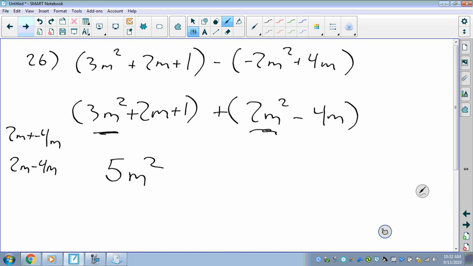If I take away 1, 2, 3, 4 of them, I end up at negative 2m. So we don't write plus a negative 2m, we write minus 2m, okay? I used 2 of the m's to get back to 0, but I had to get 2 more to get to negative 2.